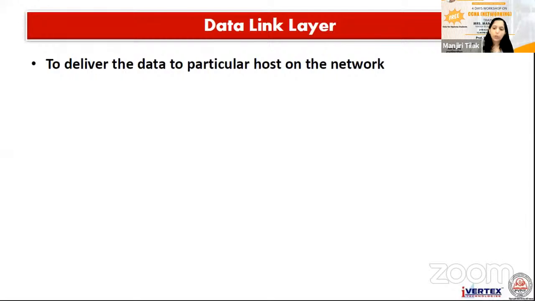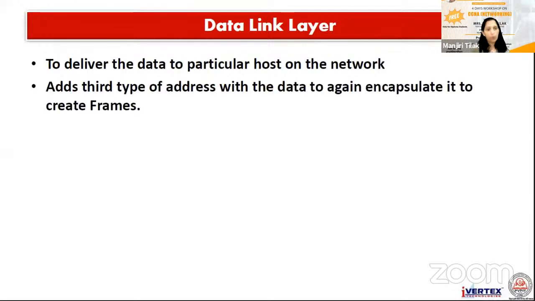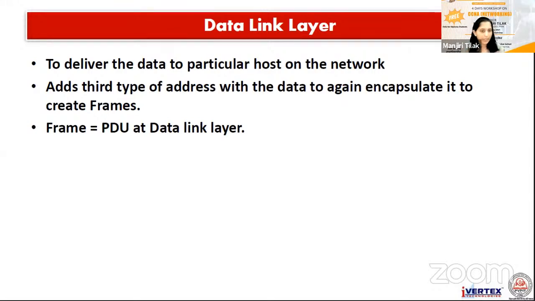And now again, to deliver data to a particular host, we require a third type of address. So data link layer is going to add the third type of address with the data. So data is again encapsulated, and now your data is converted into a frame, right? So on application layer, it was data. At transport layer, data is converted to segment.